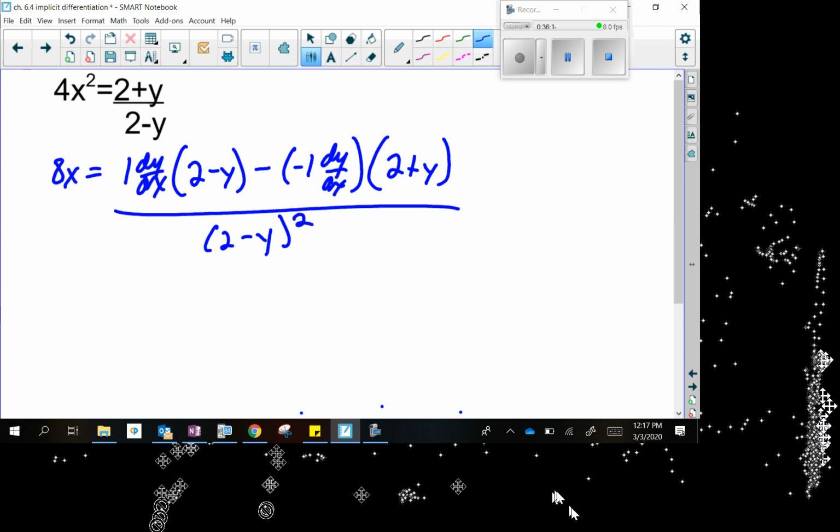Okay, actually this doesn't turn out too bad. Let's see how we're going to do this. So we get 8x times, well, all of this has dy dx. You all agree with that? So we could go ahead and take out the dy dx. Does that make sense to everybody? So if we wrote this as dy dx, boom.